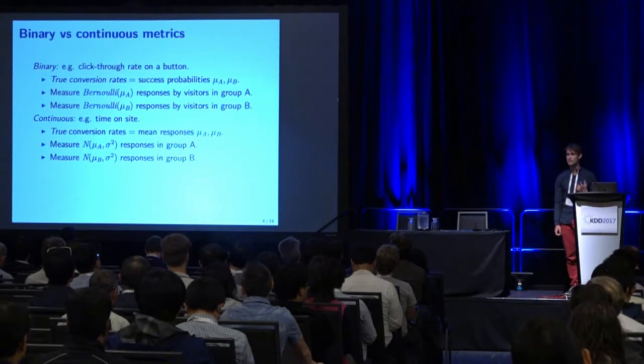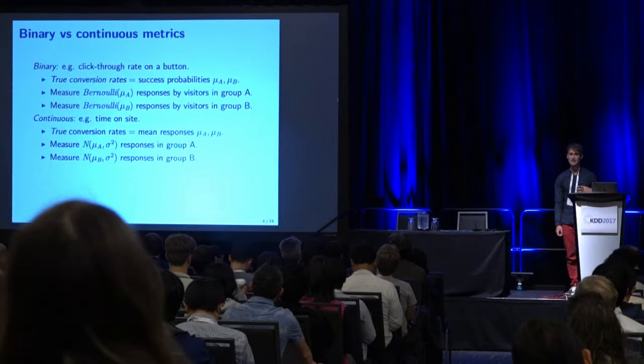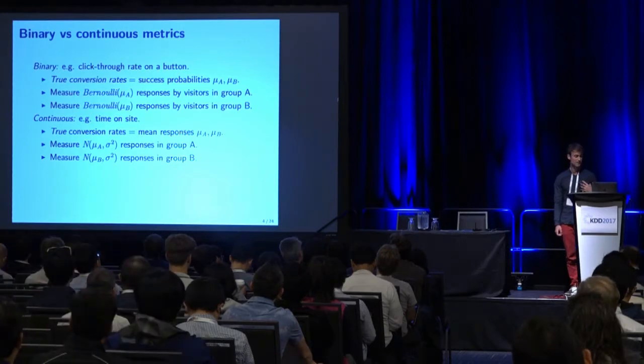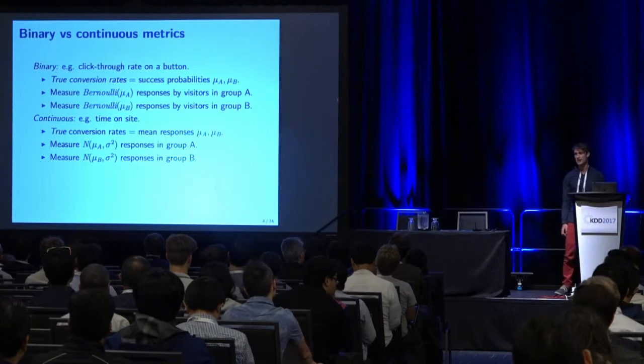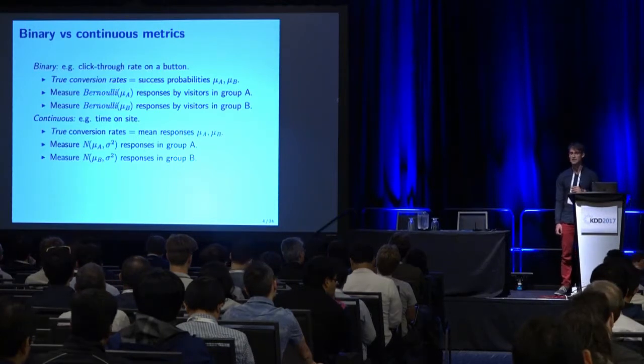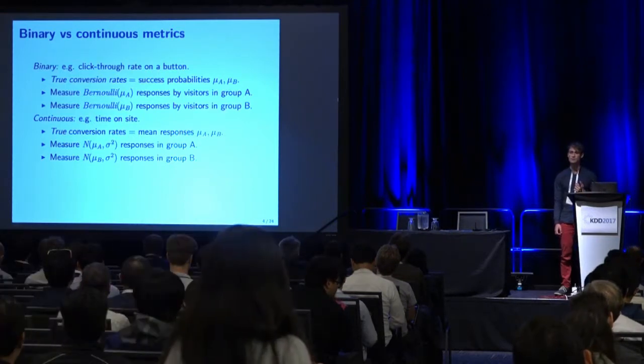For the sake of this talk and for the paper, we look at normal models. So we say that any visitor comes in and spends a normally distributed amount of dollars, and we say the mean of that distribution is mu A if they were assigned to group A, and mu B if they're assigned to group B. And now quality here means which treatment gives you the higher mean. So is mu B any bigger than mu A?